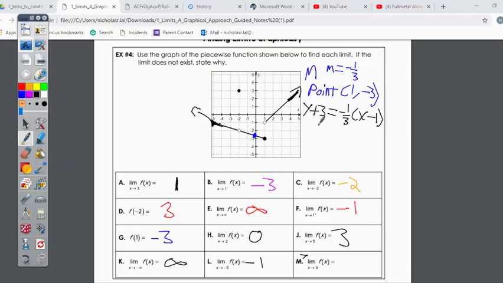x is equal to 0. So, sorry, remember this is coming from y minus y1 is equal to m times x minus x1.